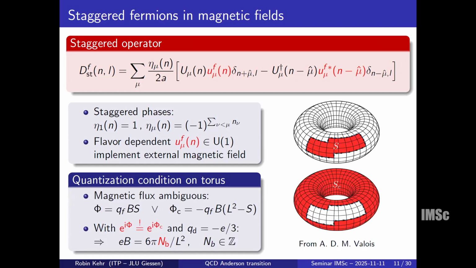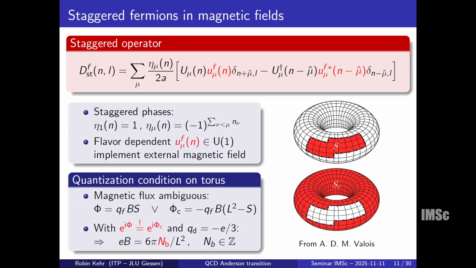And then there's another thing we have to think about: because we are on a torus, we have periodic boundary conditions. That means if you think about a particle traveling around a closed trajectory, then the magnetic flux is ambiguous, because you can either choose this area here or everything else, the other part.